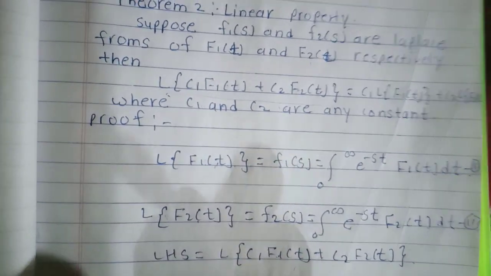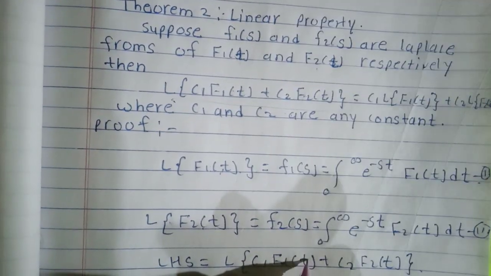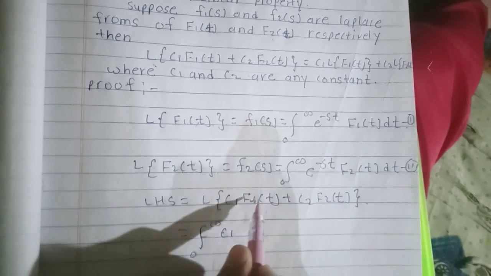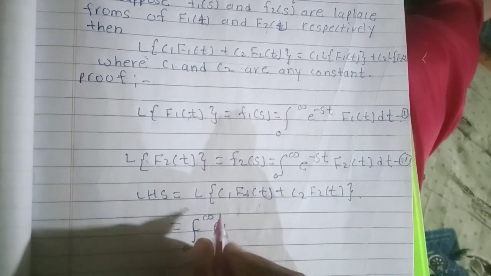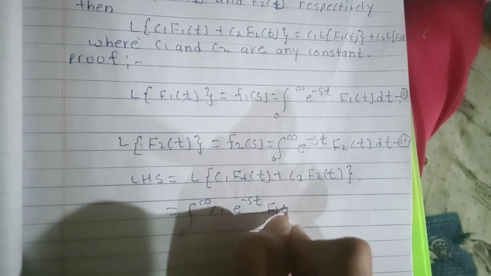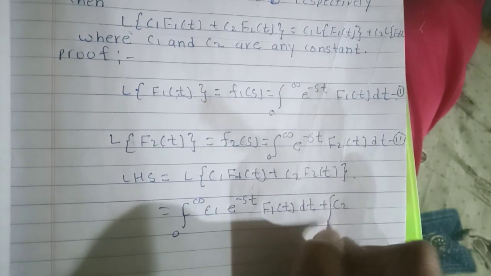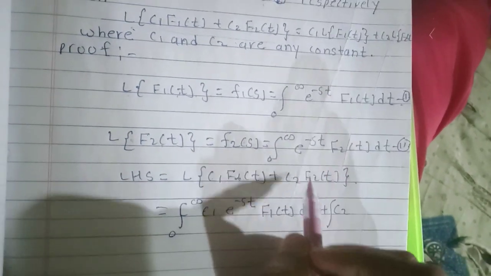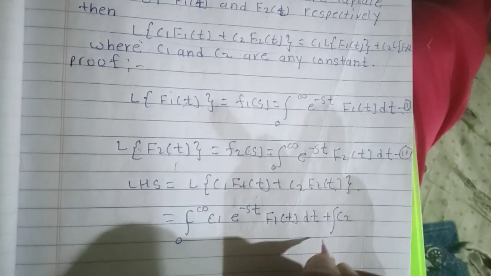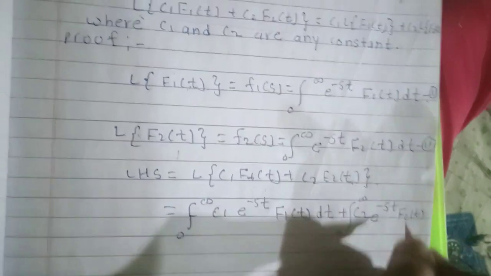Here is c1 times Laplace transform of f1 of t, which is integration 0 to infinity e raised to minus st f1 of t dt, plus c2 times Laplace transform of f2 of t, from equation number 2, integration 0 to infinity e raised to minus st f2 of t dt.